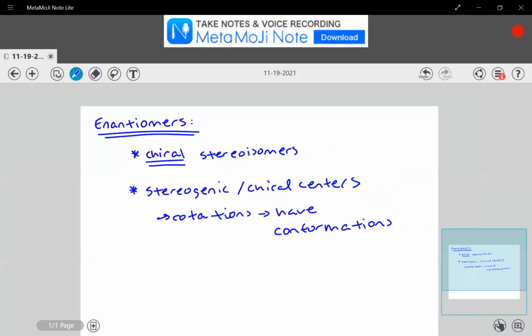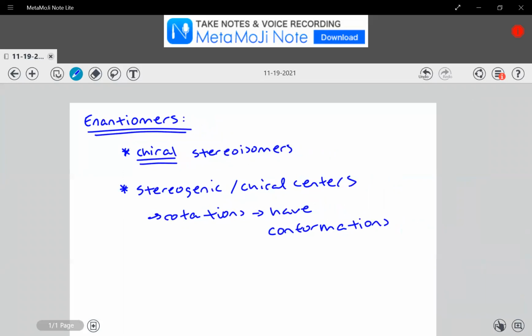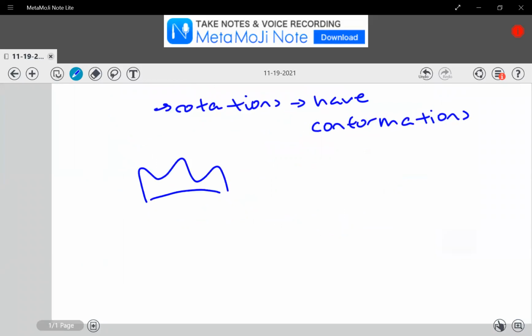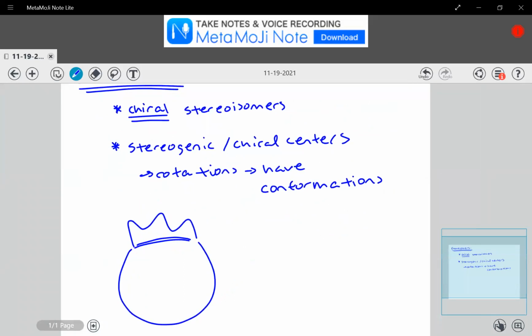Anyways, there are different types of enantiomer or chiral compounds. So imagine you have this really big candy bag. Inside of it, you've got this new type of candy that's really cool. It's really great. I don't know what flavor it has.